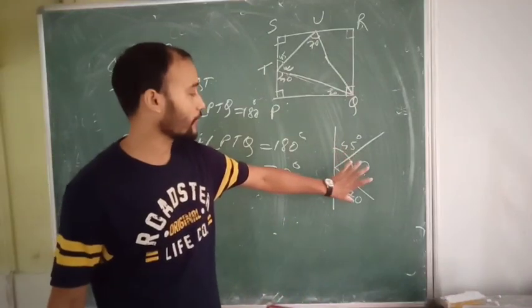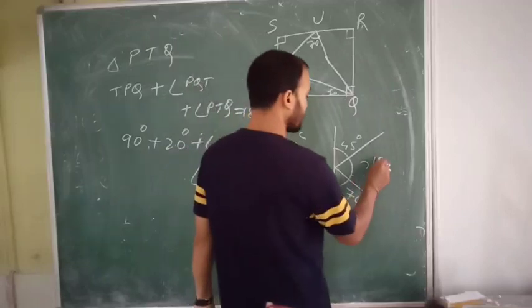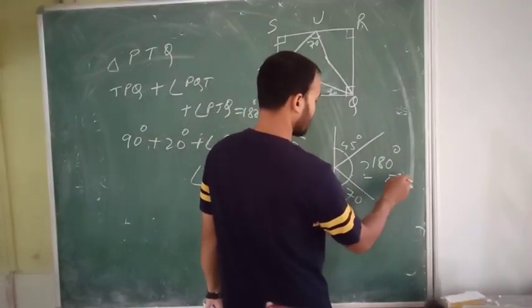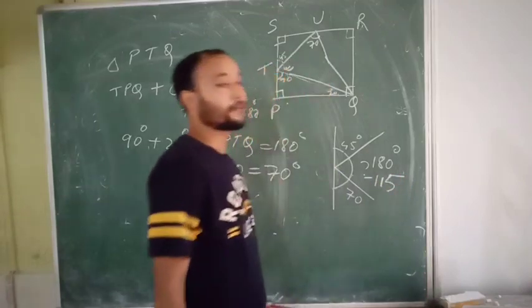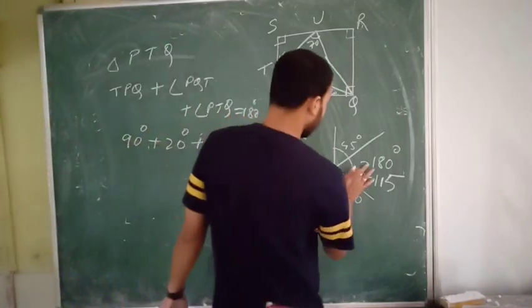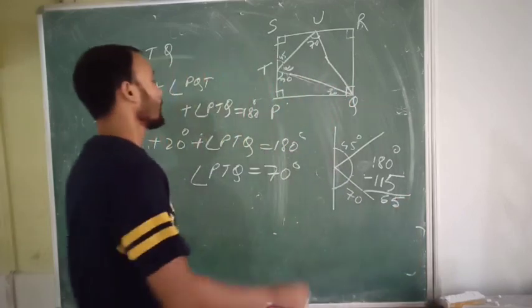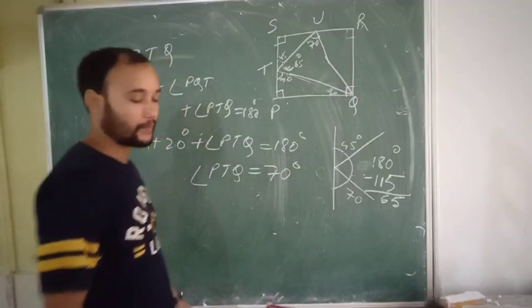Sum these two and subtract this sum from 180 degrees. That is 180 degrees minus 115. We will get 65 as the answer. So this angle is 65. Fine.